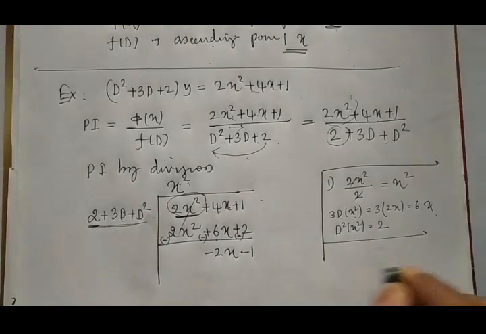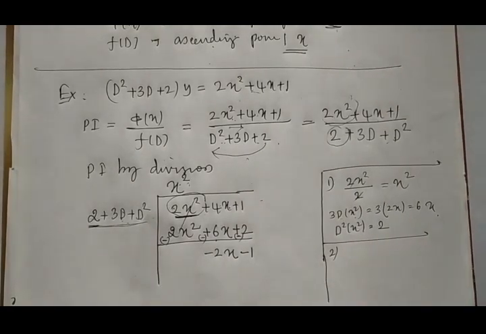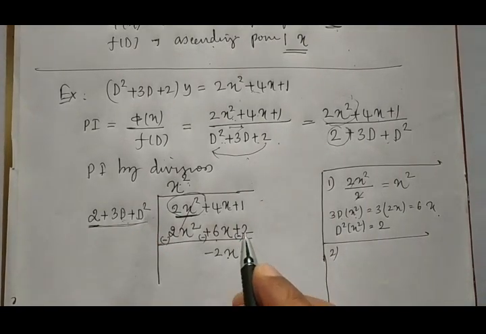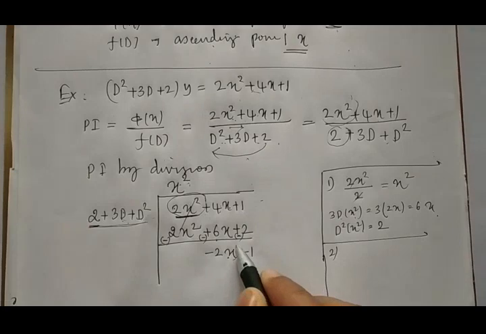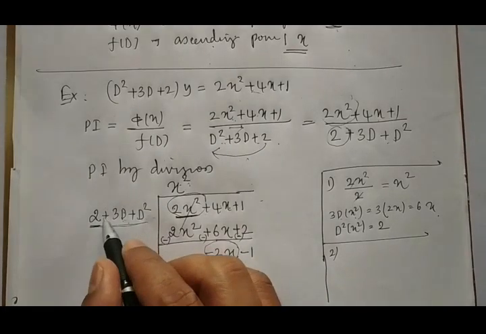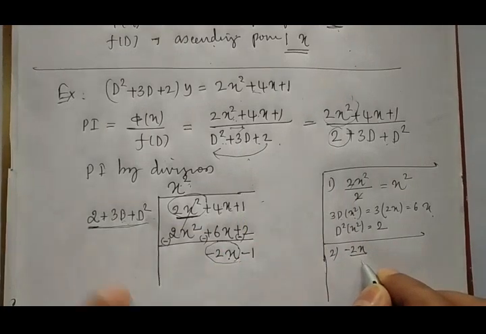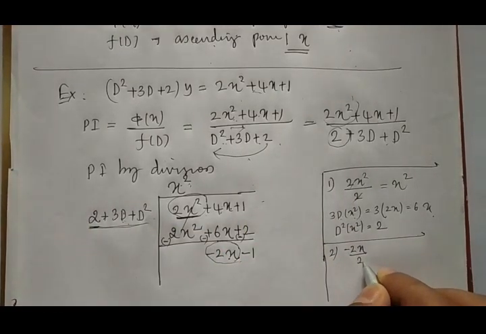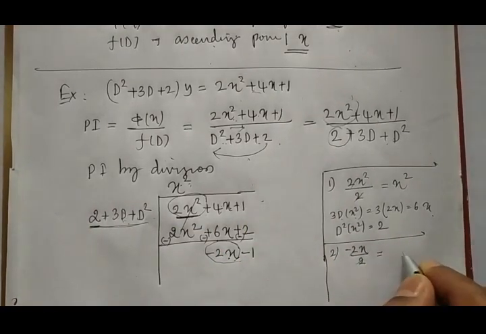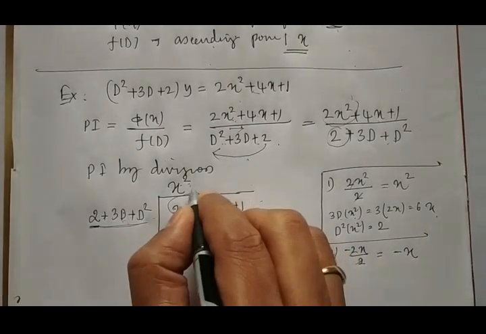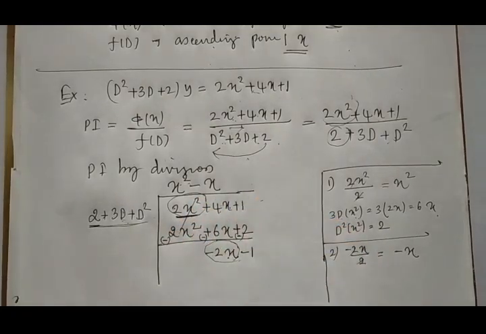Okay, one step is over. Then we take the second step. What is the second step now? Again, this divided by this. But we have to see here, first term divided by first term again. What is the first term? Minus 2x divided by the first term of the denominator, which is 2. So 2 gets cancelled. Then what remains? Minus x. Therefore, I'll write this minus x here.